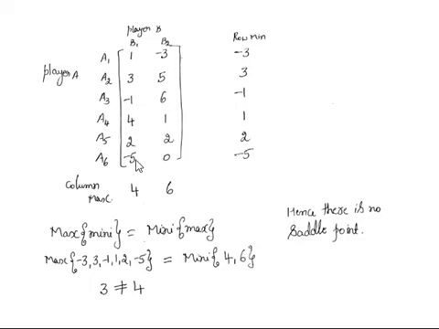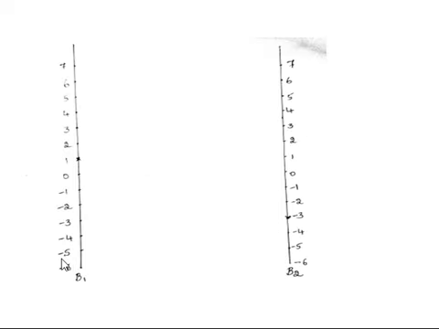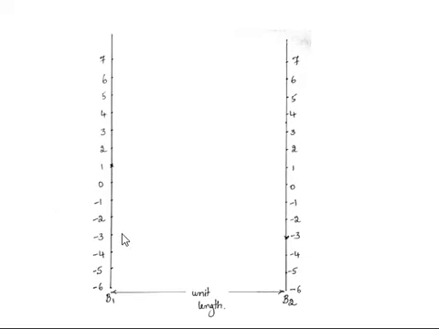By observing these, we have scaled all the values. Then the distance between these two vertical lines should be a unit length.